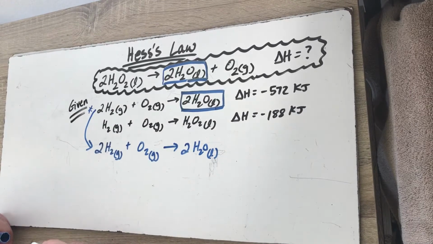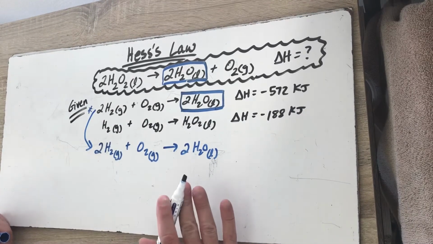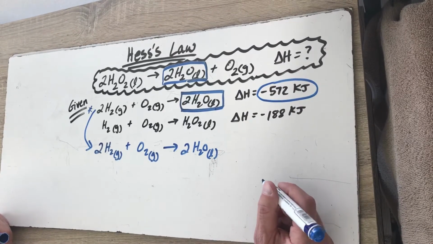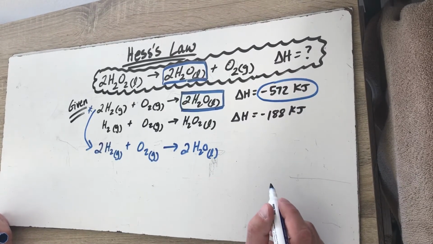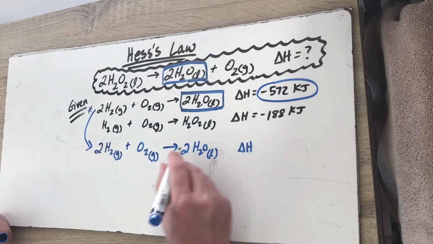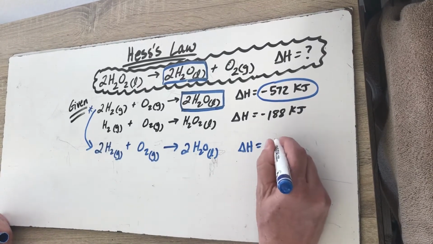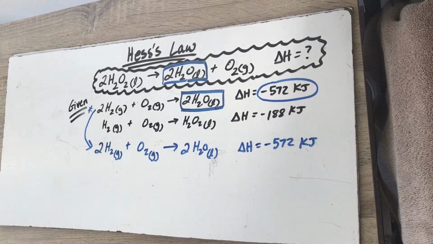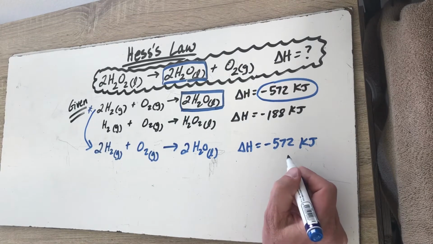All right? I just wrote it out and I didn't make any changes to it. So that means this energy value up here that's associated with it hasn't changed either. All right? So I'm going to say delta H for this reaction I just wrote down is negative 572 kilojoules. Okay, so I made no changes whatsoever, so I didn't make any changes to the energy amount either.